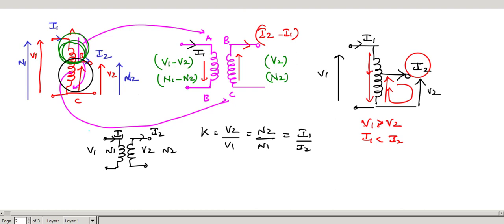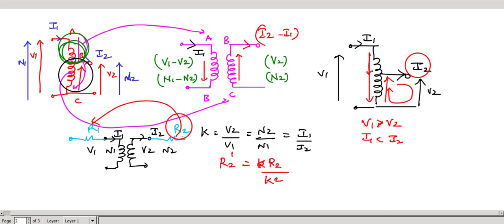if I have a resistance R1 here, and a resistance R2 here, and I transfer the secondary resistance to the primary, R2 dash, the secondary resistance with respect to the primary, I will get R2 by K square.